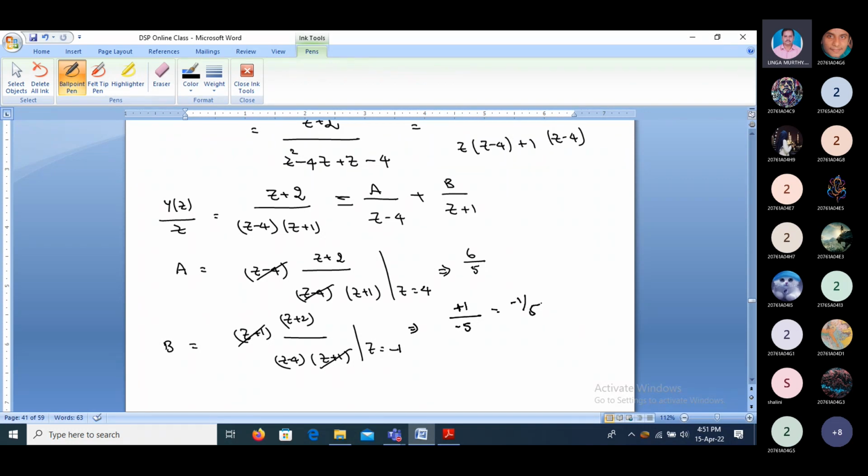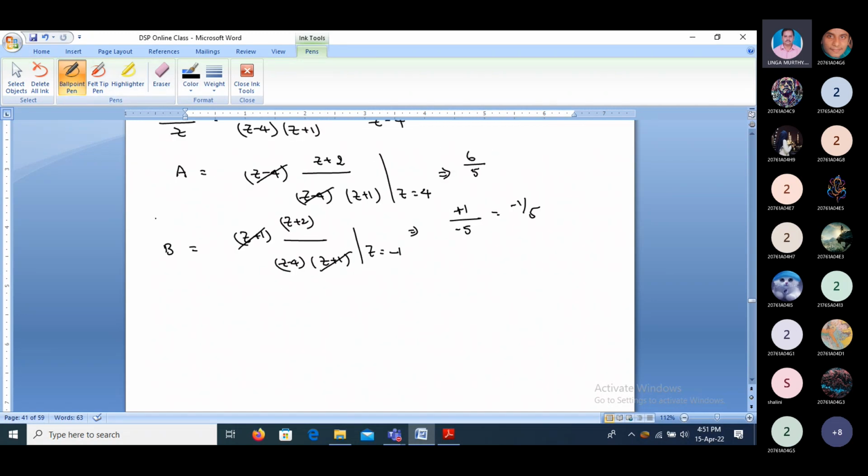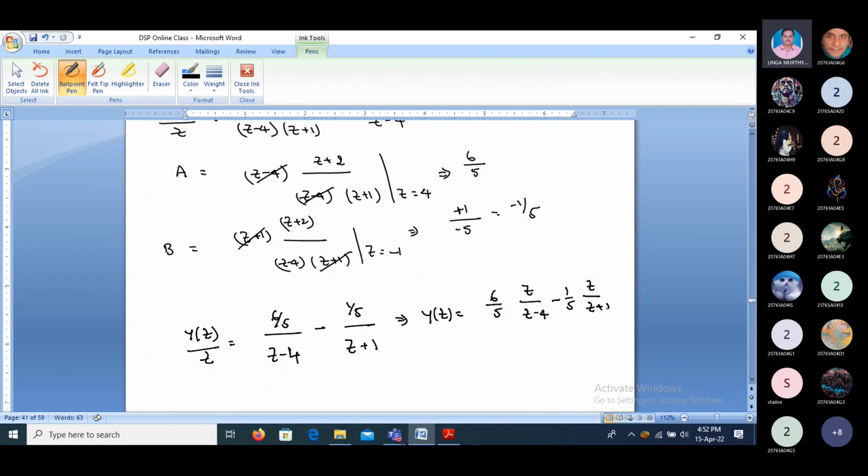One is 6 by 5, second one is minus 1 by 5. So finally Y of z by z is equal to 6 by 5 divided by z minus 4 minus 1 by 5 divided by z plus 1. So Y of z is equal to 6 by 5 into z by z minus 4 minus 1 by 5 into z by z plus 1.